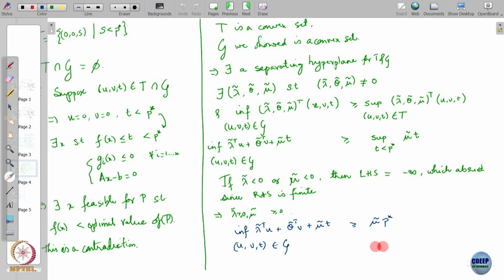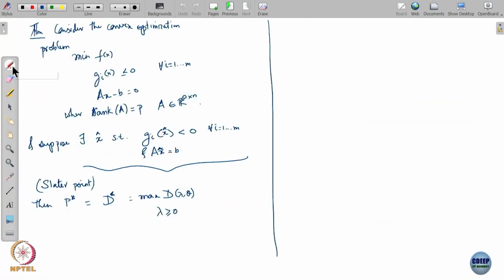Now, from here onwards, I will have to invoke that we have a Slater point. So now suppose, out here, mu tilde is positive.